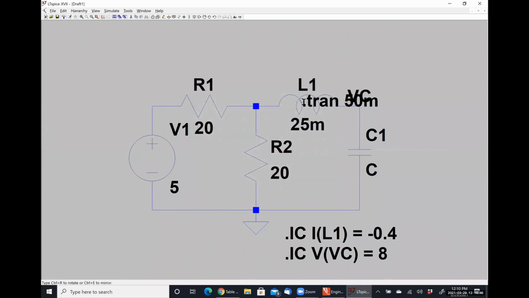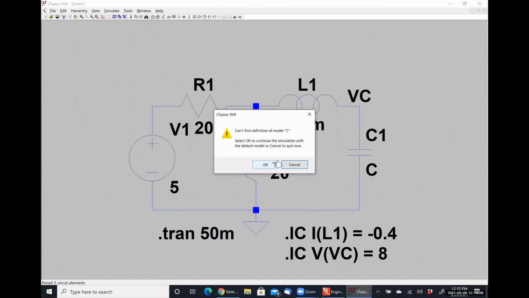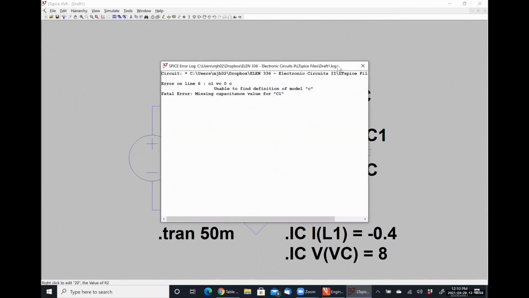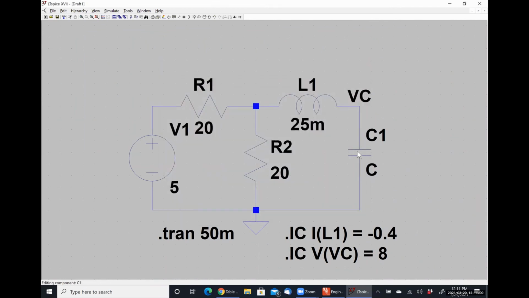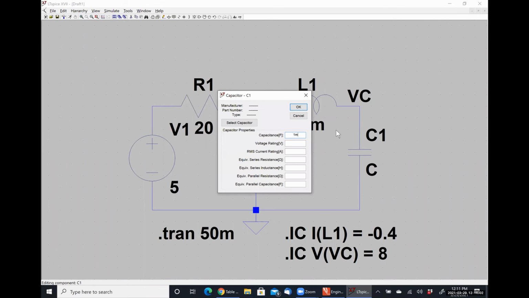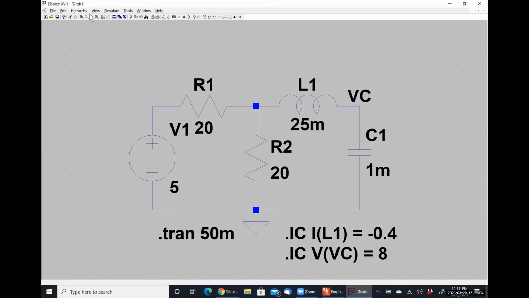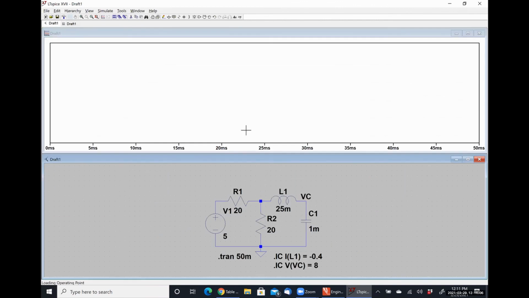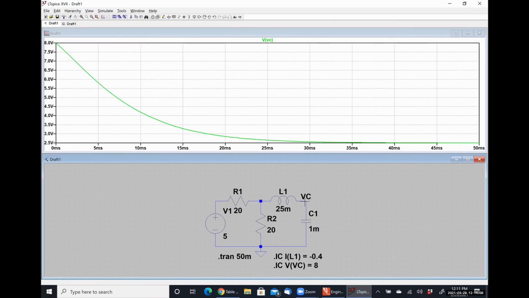Let's look at 50 milliseconds at first and then adjust from there if necessary. All of my components have values. Didn't put the capacitor value in, so I was mistaken. All right, I forgot. 1 millifarad. So here's our capacitor voltage. Yep, 50 milliseconds gives us plenty of time to see it settle.